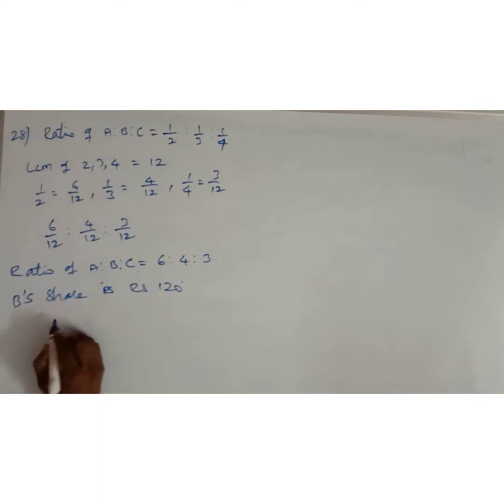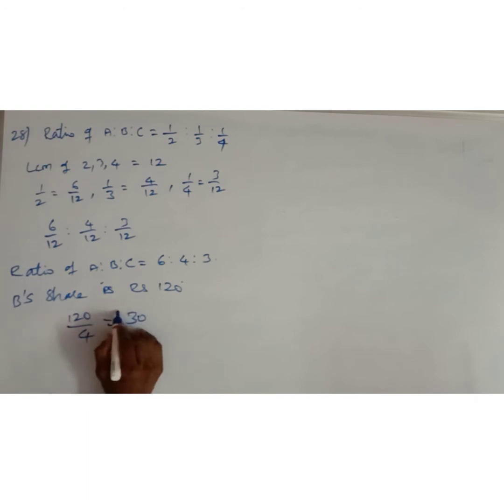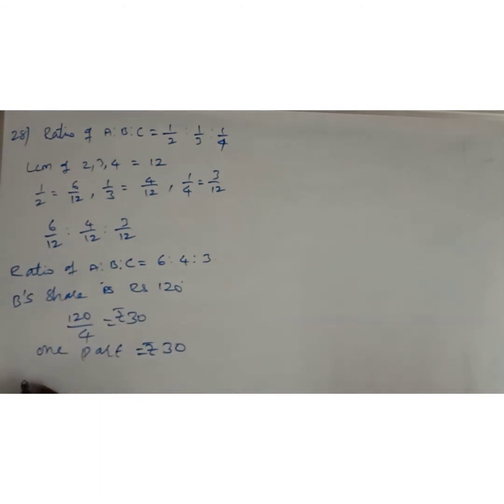Now 120 by 4 is equal to 30 rupees, that is one part's share. One part is equal to 30 rupees. Now A's share is how much?